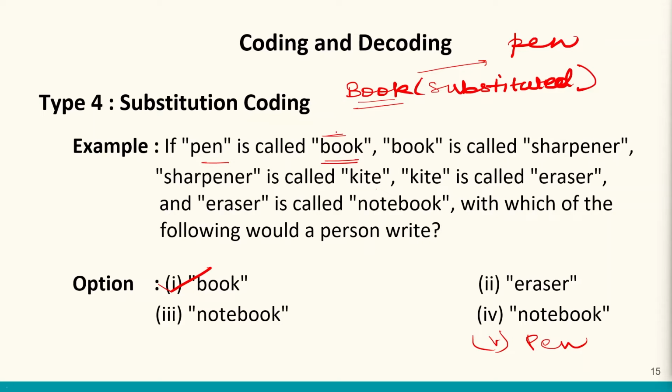We are using book to denote pen. Hence, for questions like these, for substitution, we do not follow the normal logic. Logically, we write with the pen, right? But we just look at the word that is being used to substitute and we use that instead. So our answer will be option number 1, book. Okay?